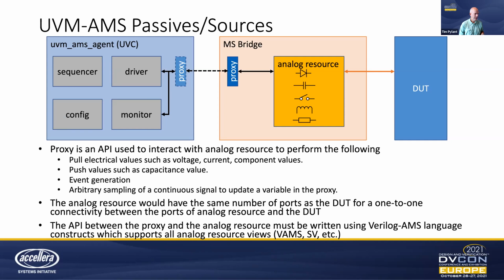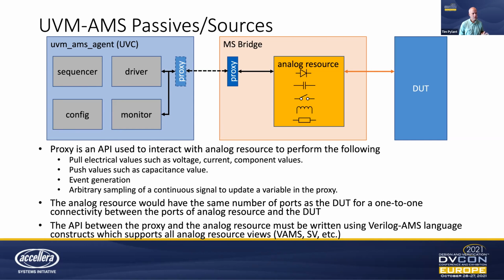And then that API is used to program behavior. So you can say what the voltage and current are, maybe the frequency, and how it is sampled. Any kind of behavior you want, you can program through this proxy. And then the analog resource would then generate the signal or signals that would correspond to the DUT.